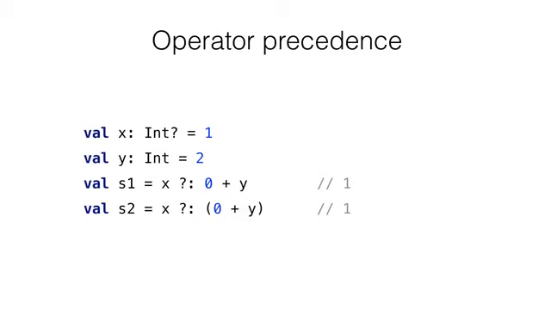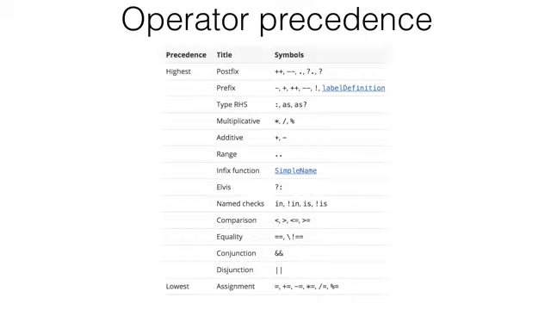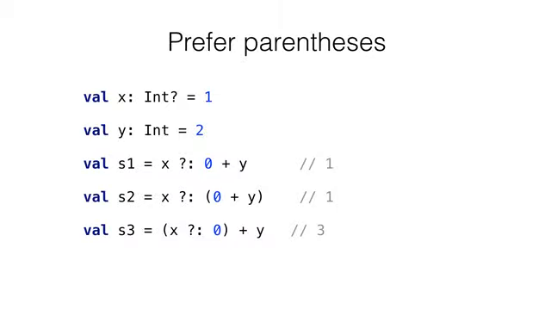If you omit parentheses, by default some operators take higher precedence than the Elvis operator, which means that by default the parentheses would be put around plus, not the Elvis operator. If you want to put them around Elvis, then you put that explicitly. So if you are not sure, and to make the code readable for later, just prefer parentheses in all such confusing use cases.